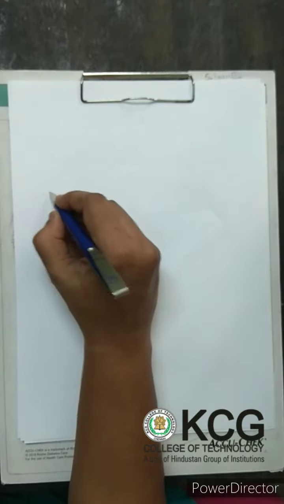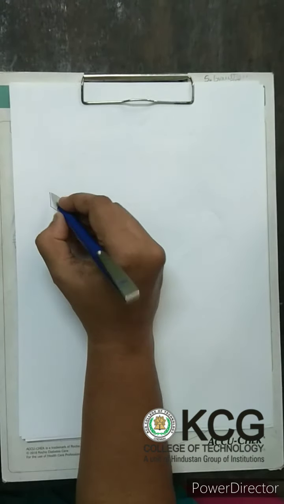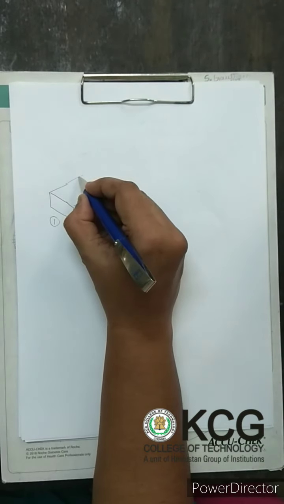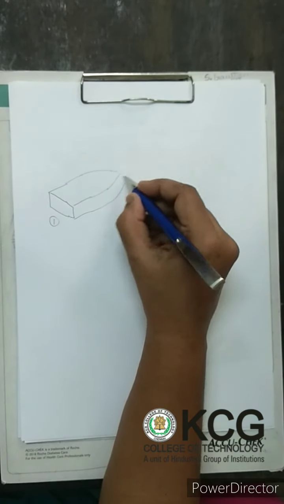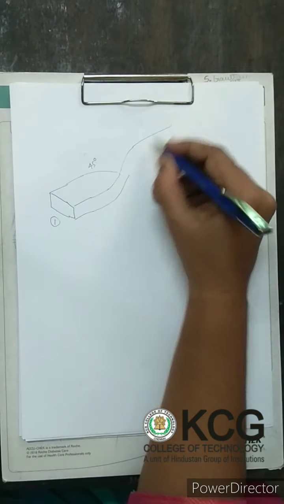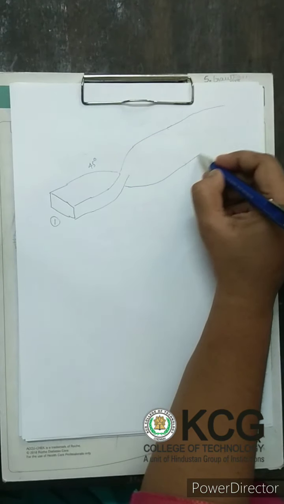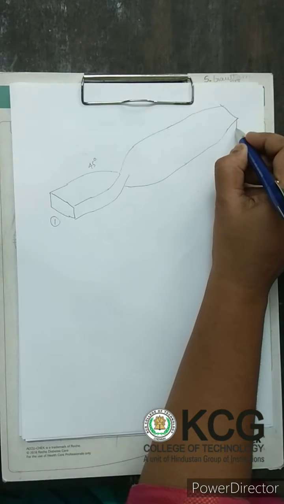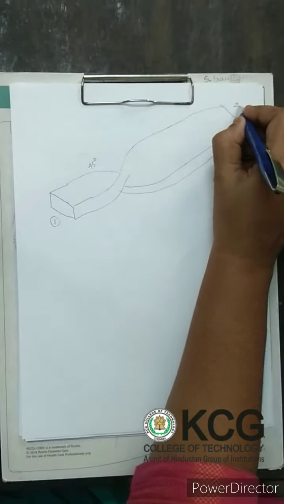Let us say we have an isolator. This is port 1 of my isolator, and next to this you have a 45-degree twist, and this is port 2.